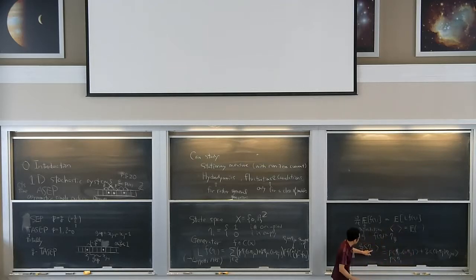When this eta_j changes, this could change when site j-1 is occupied by a particle and site j is empty. In this case, with rate p, the particle hops to the site j.